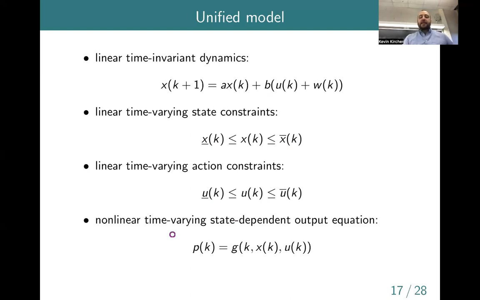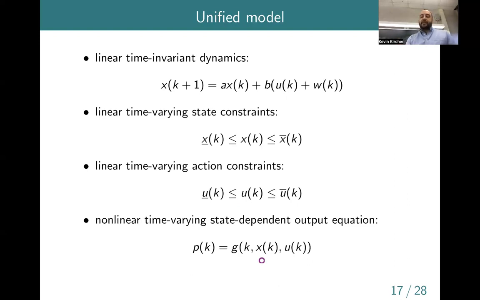And then the output equation has this interesting form. We need a time dependence in that equation because a lot of the equations had something like a COP, which is a time varying parameter, or they had a p hat, a baseline power consumption, which can vary over time as well. So we need a time argument in there. And then one of the models, the deep thermal mass model, had state dependence as well.